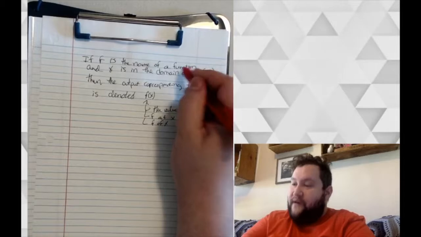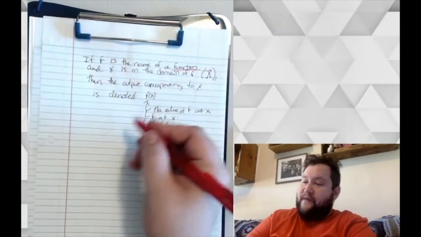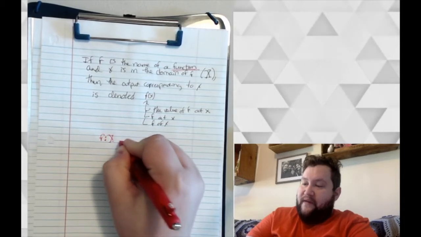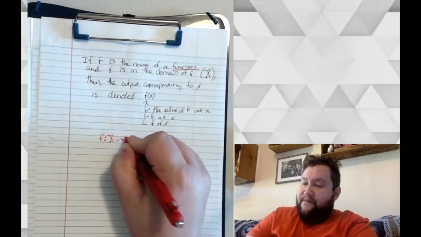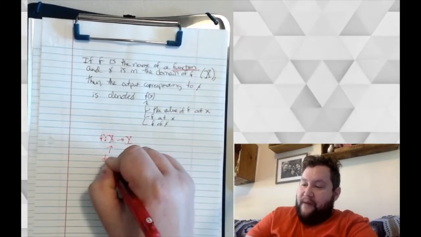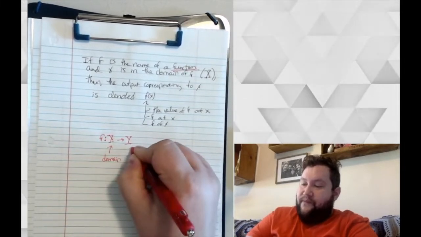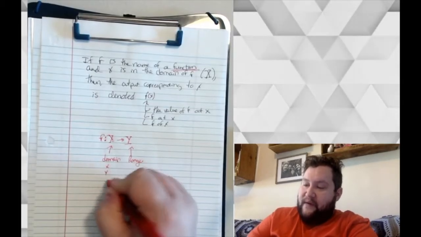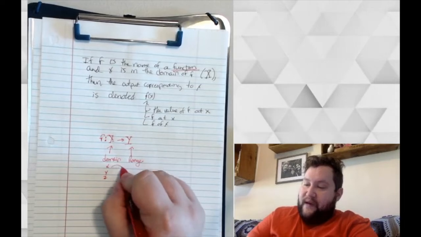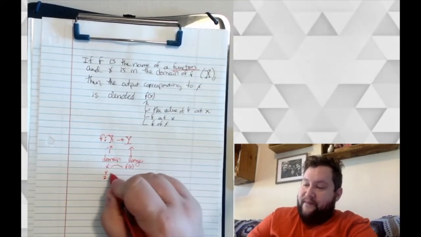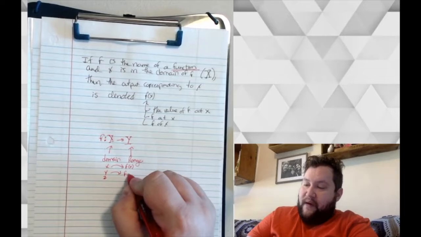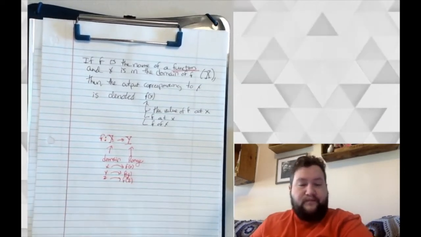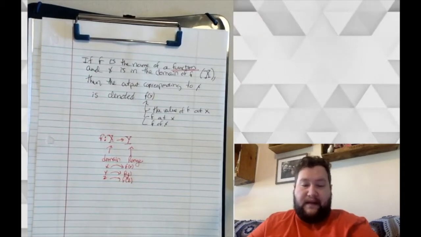And so if we have a function, you might see it written like this, a function from some set X to another set Y, domain, range. These elements look like x, y, z, and they're going to map to f of x, f of y, f of z, something like that.